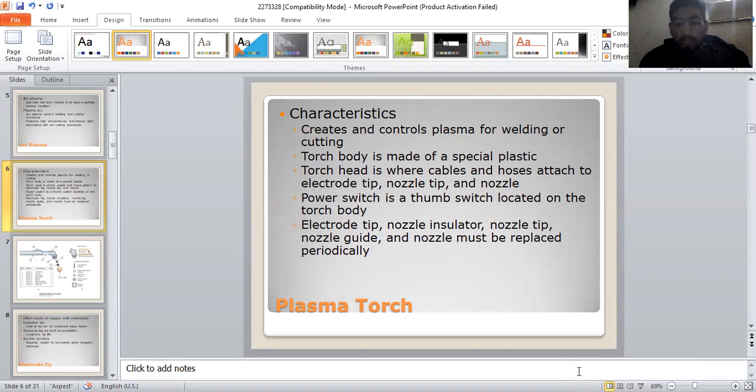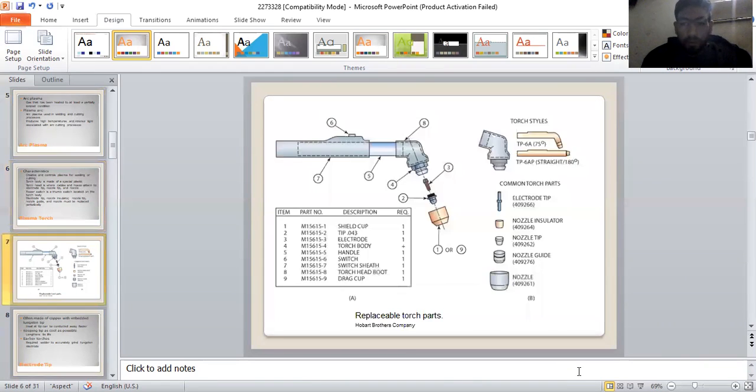And now let's discuss the electrode tip, nozzle insulator, and nozzle tip. These are all parts of the plasma cutting arc. So let's discuss all of these one by one. This is a diagram of the torch parts. We call it the plasma cutting tool.